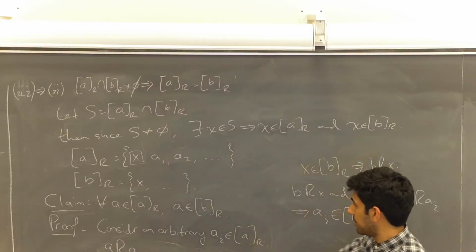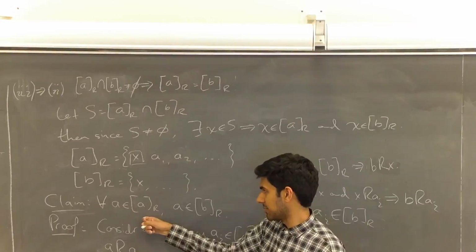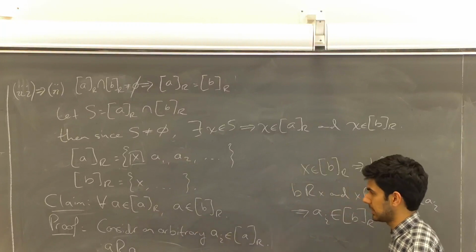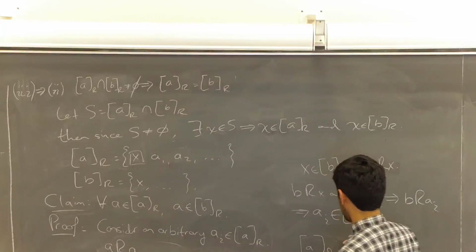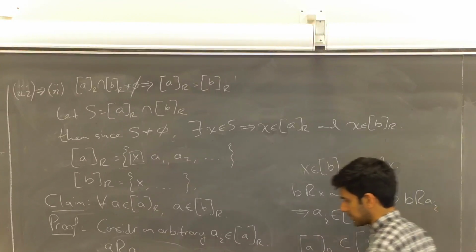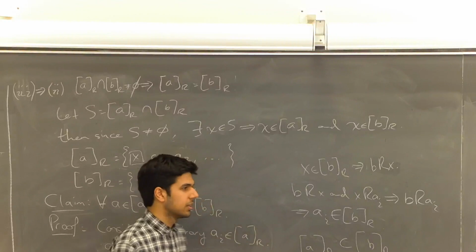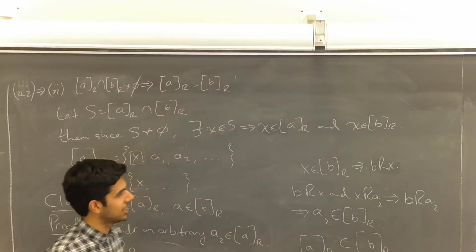So we've shown that for every single element in this equivalence class, it also appears in this second equivalence class. So we've shown that the equivalence class represented by A is a subset of the equivalence class represented by B. Like I said before, the opposite direction is pretty similar. I'll leave it as an exercise.